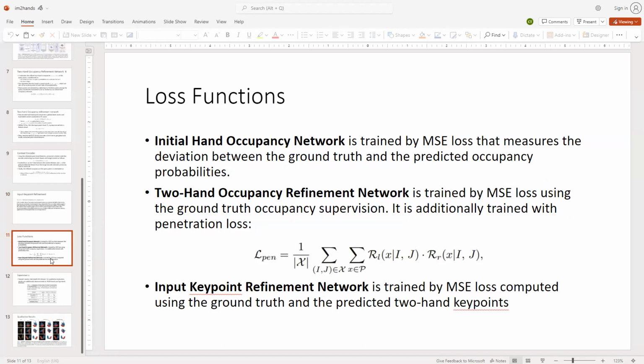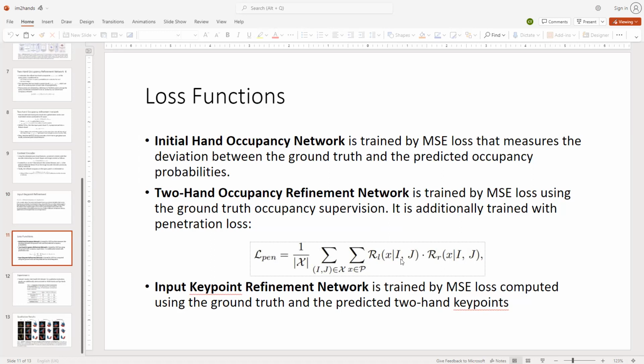And here's how we calculate the losses. For the initial hand occupancy network, they just use the MSE loss. And for the two-hand occupancy refinement network, they use penetration loss as well, besides just MSE loss. So the penetration loss would be present if the output of the occupancy refinement network is above 0.5 for both the left and right hand.